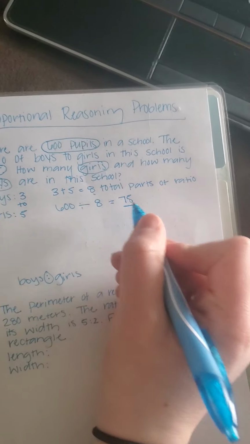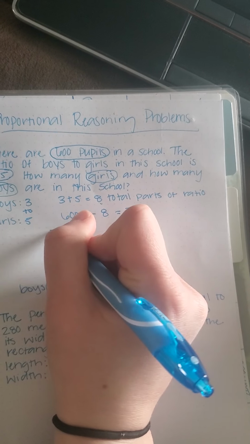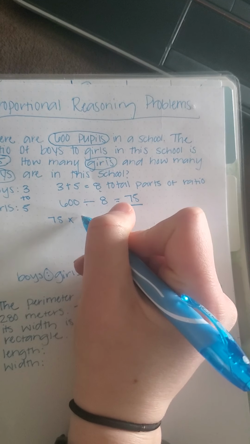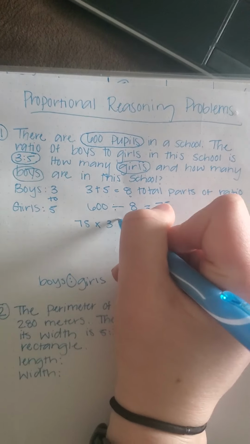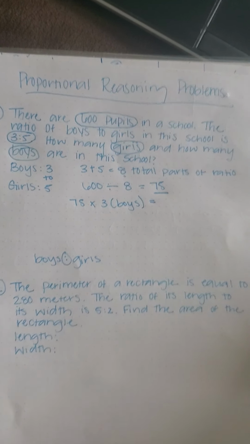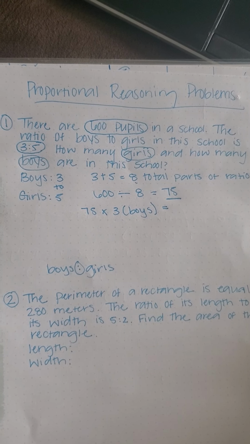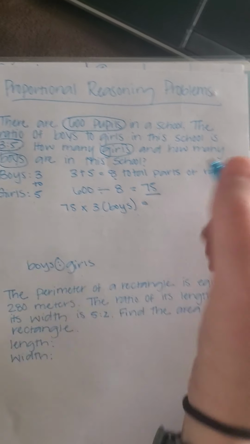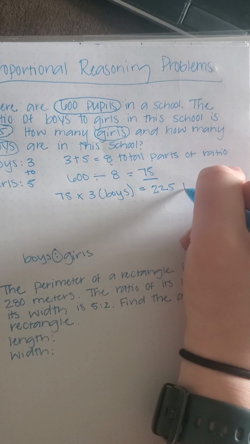If we take this number and multiply it by the ratio for the boys, 75 times 3, what does that equal? I'll give you a minute to work that out. We all should have gotten 225 for our total boys.